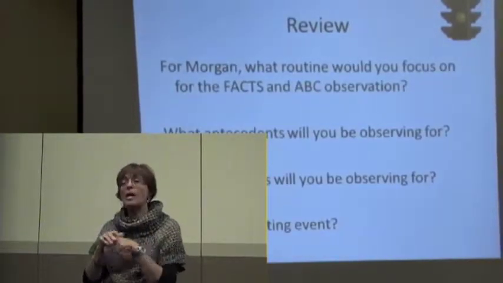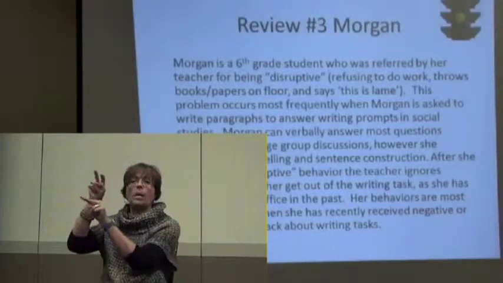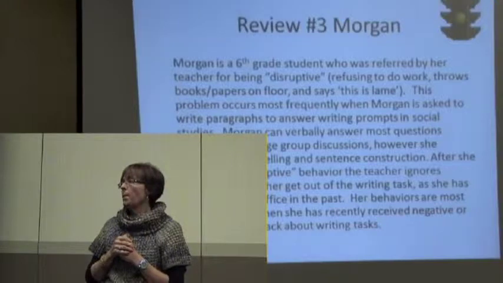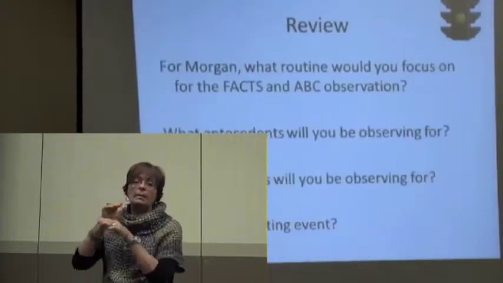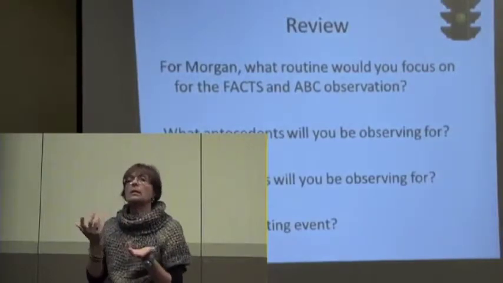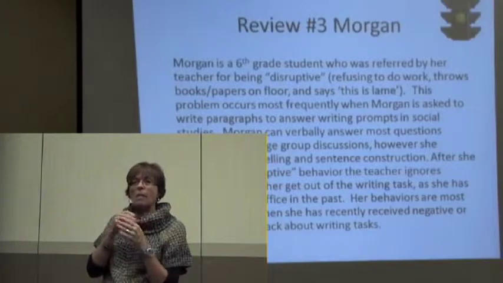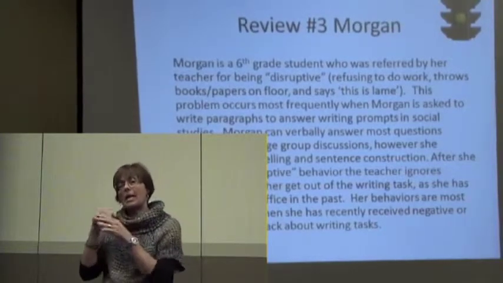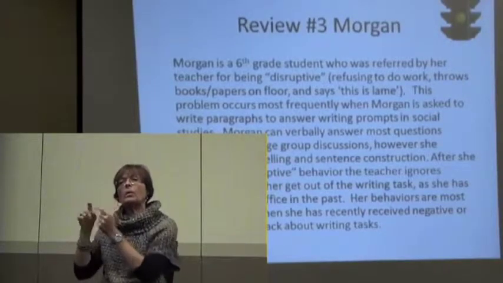Then we look for what are those antecedents? What are the outcomes we're going to be observing for? Okay. So we see that the teacher ignores her or has sometimes sent her to the office. Okay. What is the setting event? And we didn't go over that too well in my time with you today, but we do in our trainings. And this problem occurs most frequently when Morgan is asked, oh, sorry, where are we?